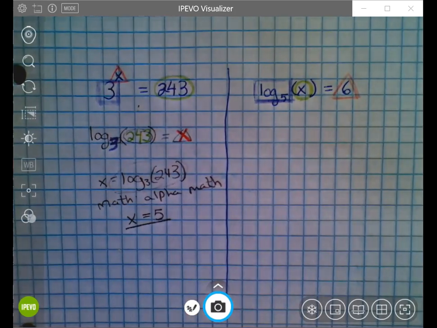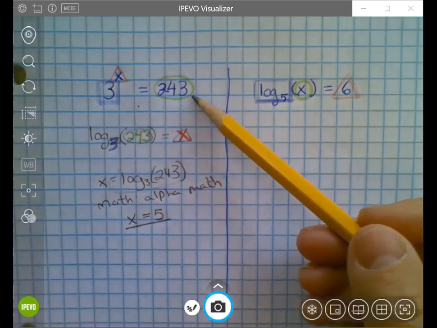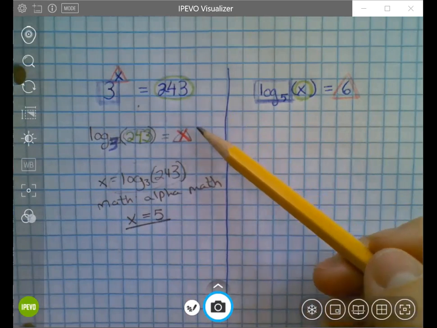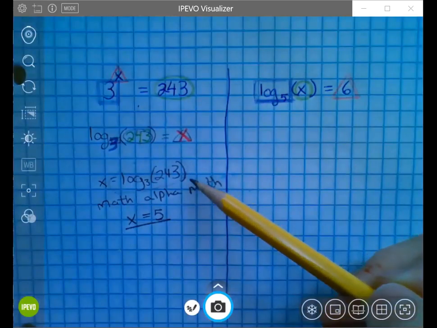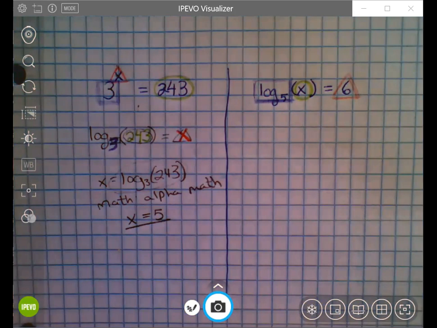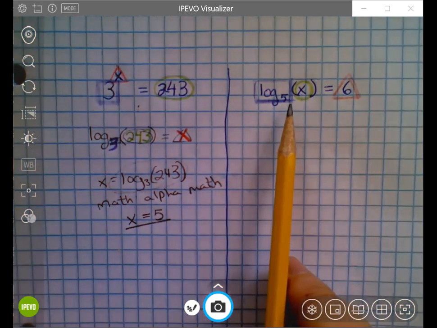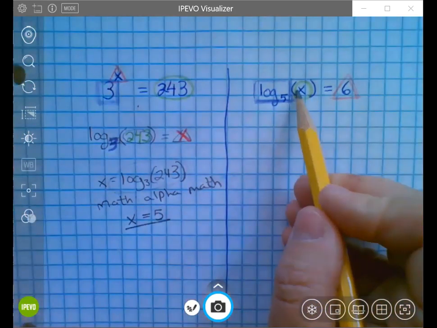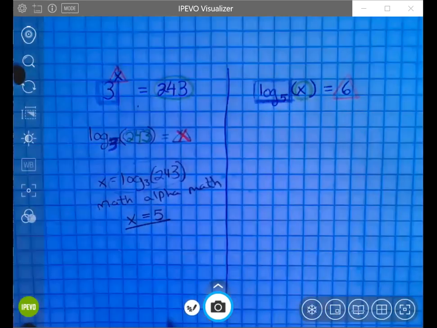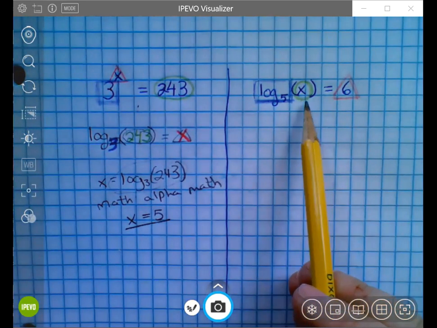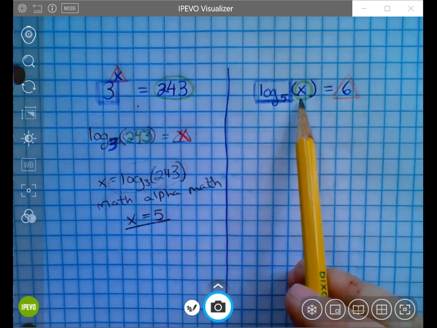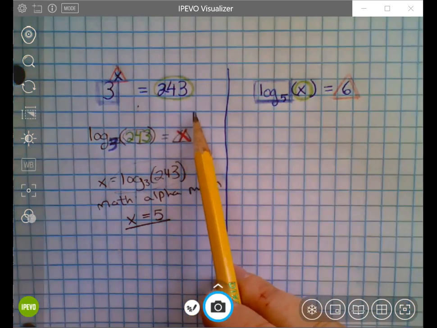Okay, but the way we did that was by rewriting the exponential equation into a logarithm, and then we could plug that into the calculator. Same thing works the other way. If we have a logarithmic expression with the x trapped inside the log statement, we have to get that out. And the way we do that is by rewriting this in exponential form. So doing the opposite of what we did over here.